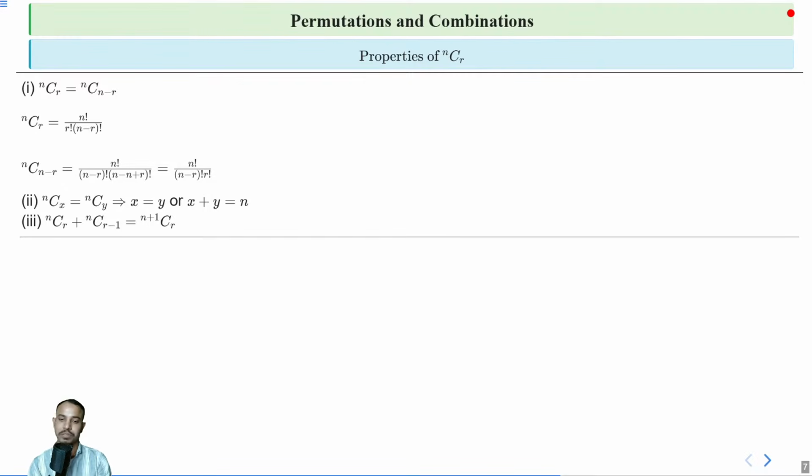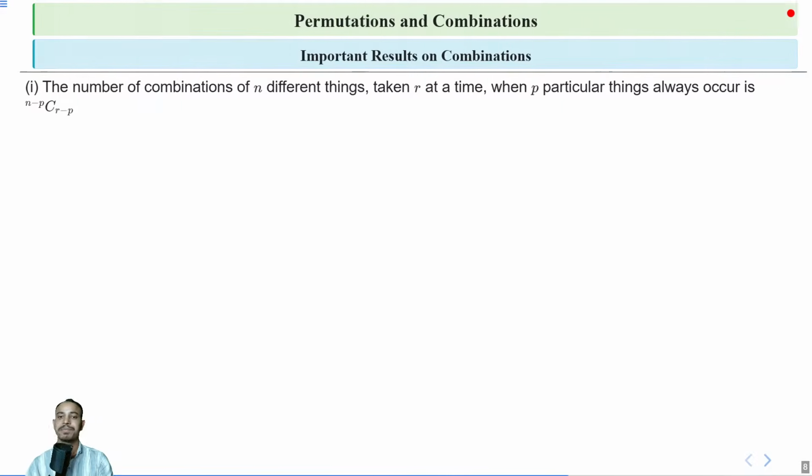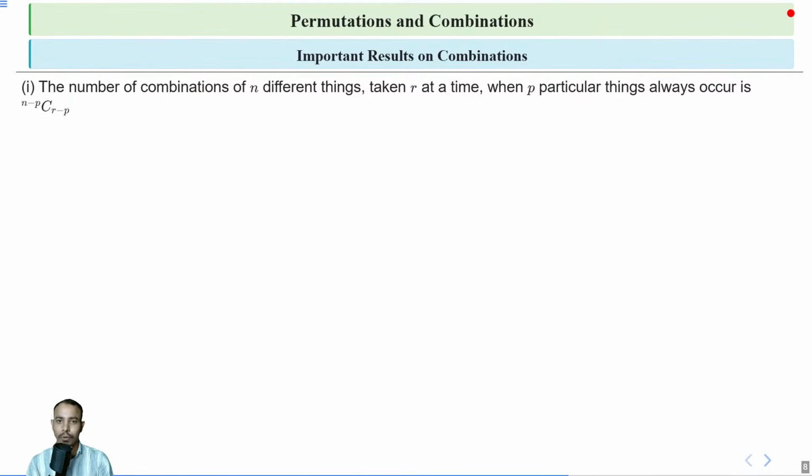So now moving to the next. Now we will discuss some important results on combinations. First result: you have n different things and you are taking r at a time, and p particular things will always occur.